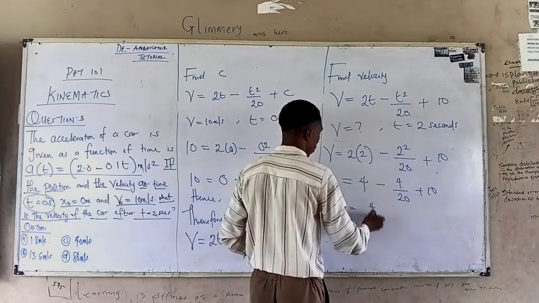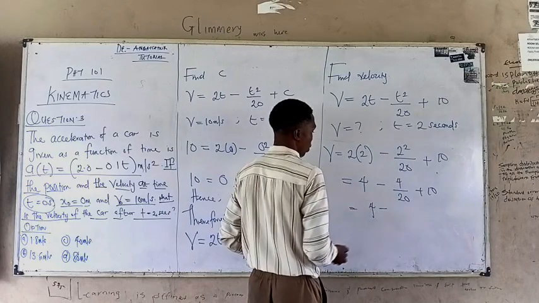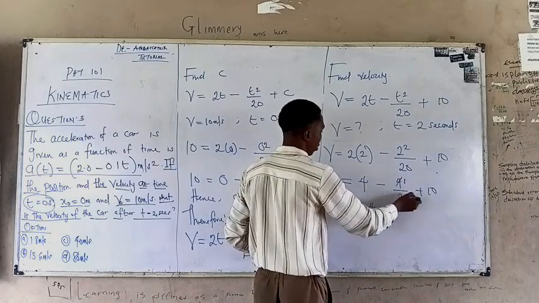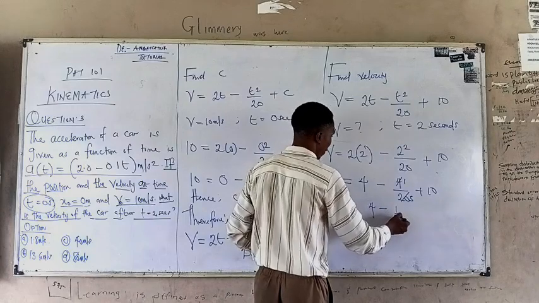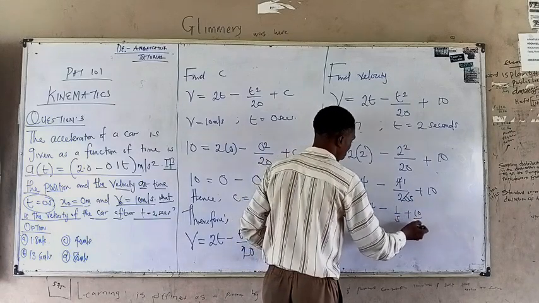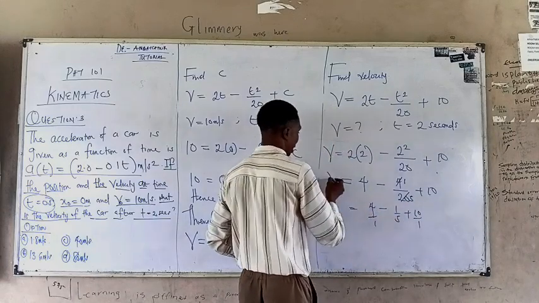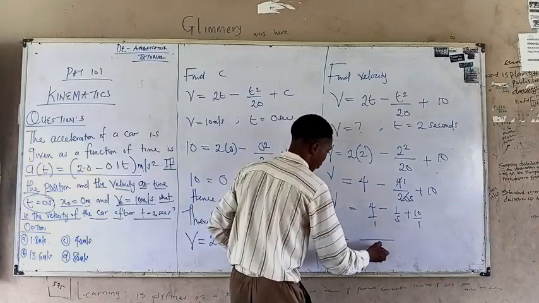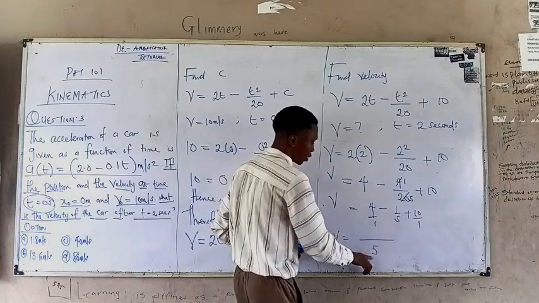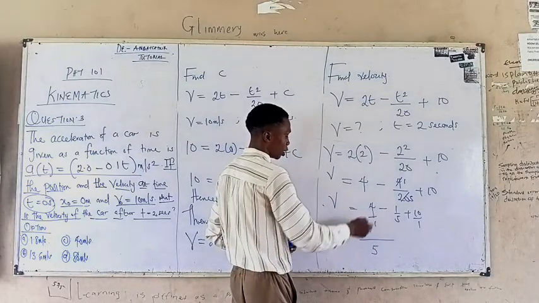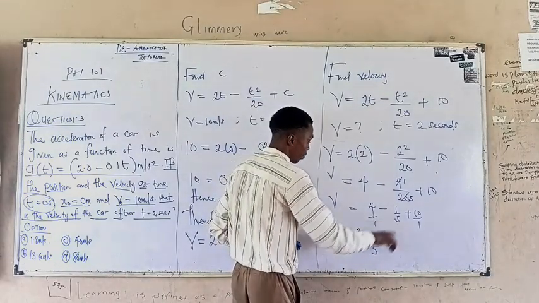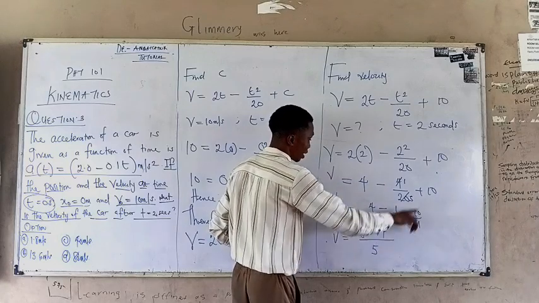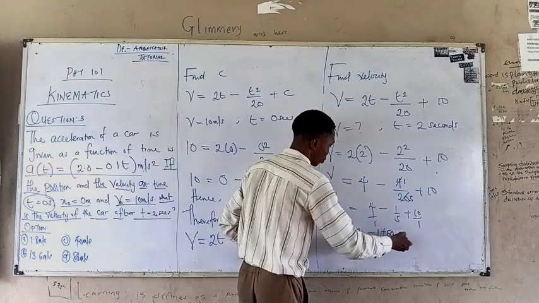So that means we have 4 minus, we can find the LCM here, or we can break this down. 4 over 20 is 1 over 5, so 4 minus 1 over 5 plus 10. Then we can get the value of v by looking for the LCM. The LCM here is 5. 5 times 4, that's 20, minus 1 times 1, that's 1, plus 5 times 10, and that's 50.